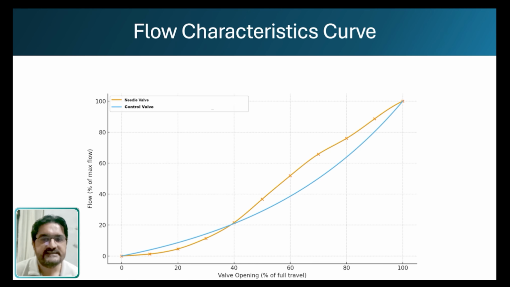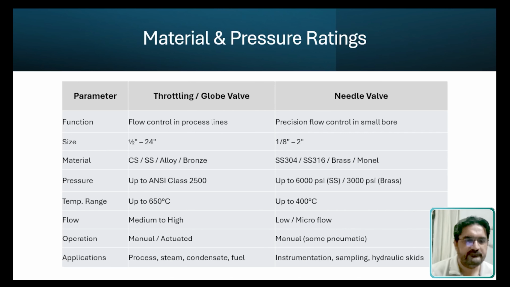The flow rises almost proportionally with the stem movement. So that's why throttling valves are great for wide range control, while needle valves provide stability at very low flows. So in this graph, you can see the blue line depicts the control valve or the throttling valve that we have been discussing. And the orange line shows the curve for a needle valve.